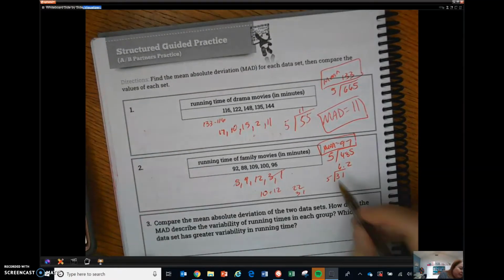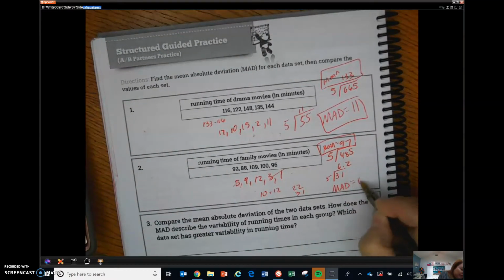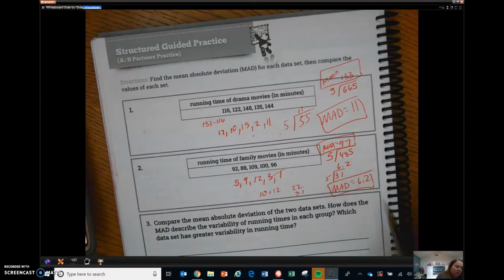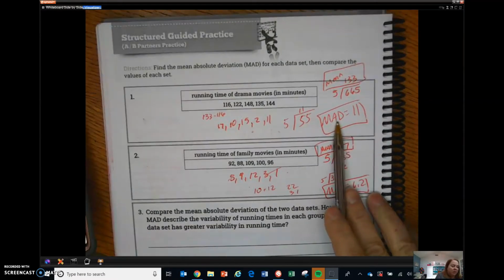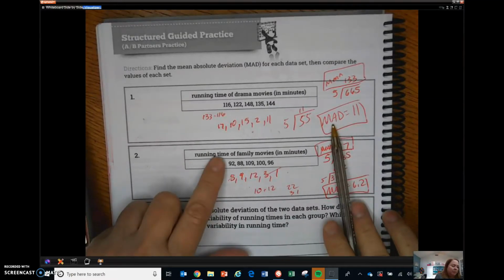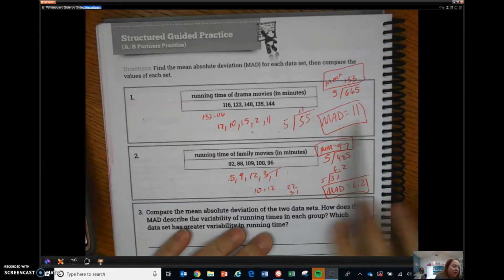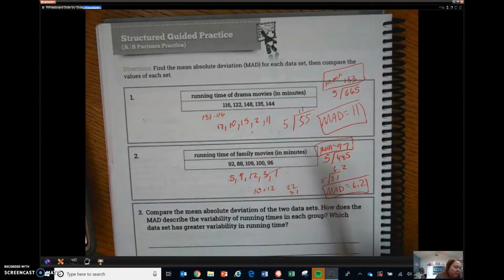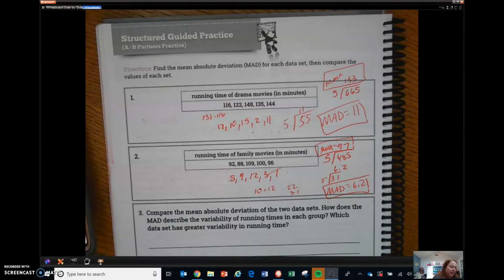So the MAD equals 6.2. This MAD was 11, so this has got a huge variety in the average of each one of these to the mean. And this one has a smaller variety, which is just what this is going to say here.